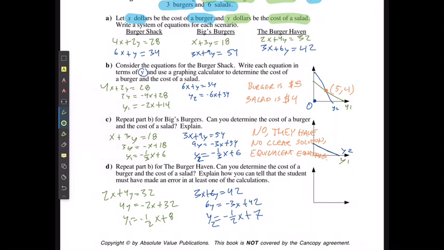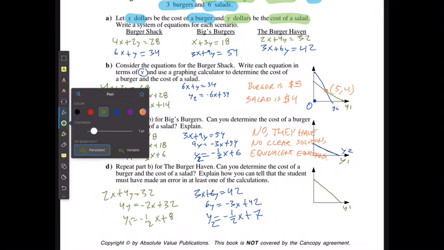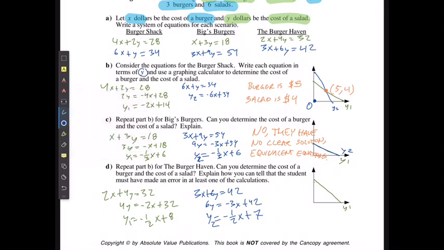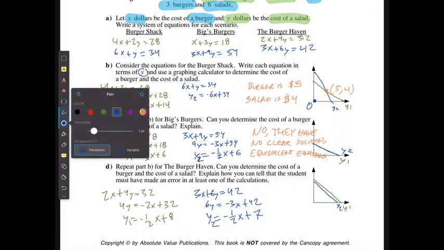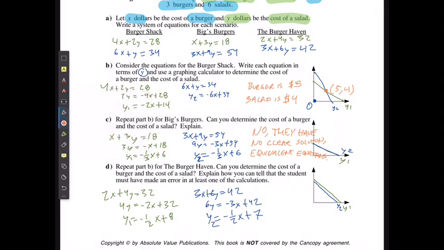And when I graph them out, I see that y1 is going to look like this, and y2 is going to look like this. And when it asks how do I know that an error has been made?